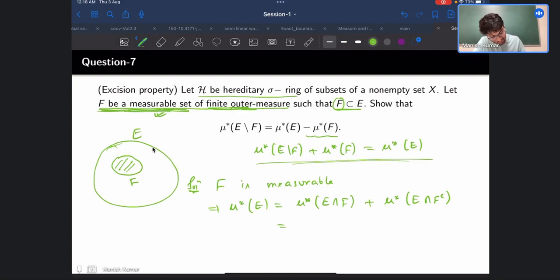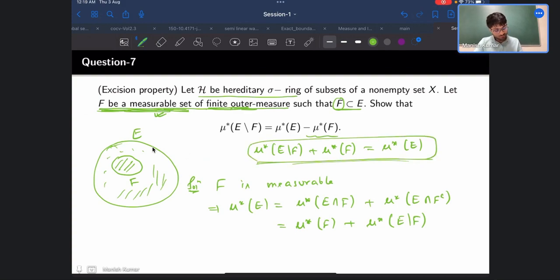The intersection would be F itself. So this is mu star of F, and E intersection F complement, which is this region, is another way of writing E minus F. So we proved this one. This is called the excision property of outer measure. Okay.